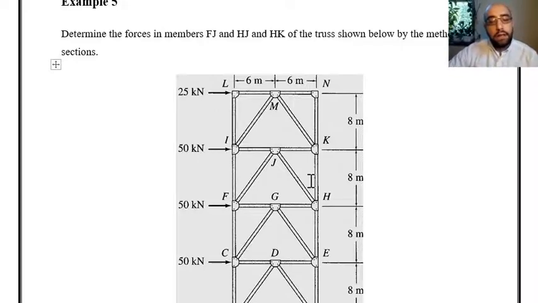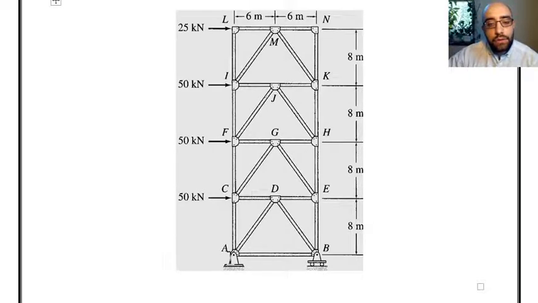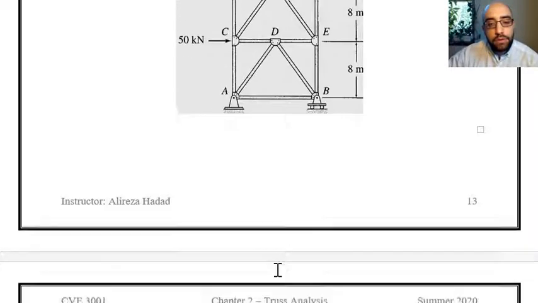But before that, let's have the three basic steps that we had in all the structures, and those are drawing the free body diagram and finding the reactions. So this is the truss. I have one hinge support over here and one roller support.